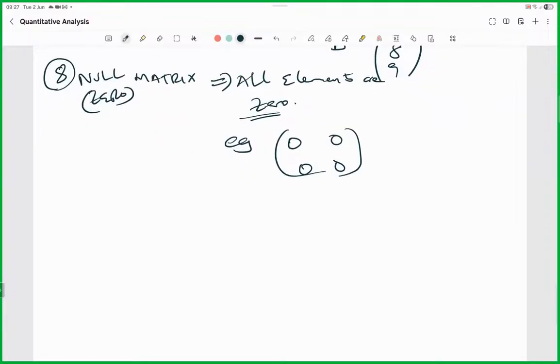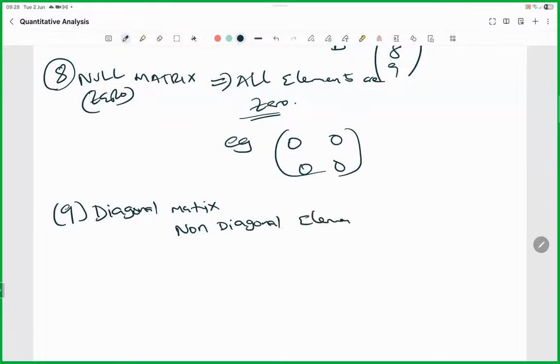There are so many. We have, for example, a diagonal matrix. The most important thing you're supposed to know under this diagonal matrix is that non-diagonal elements are 0. The main diagonals don't have to be 0.